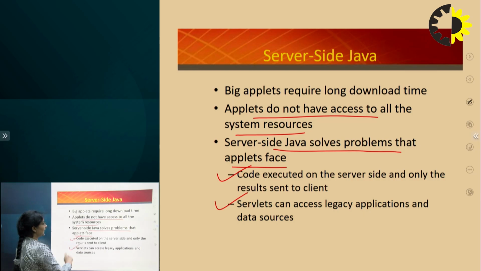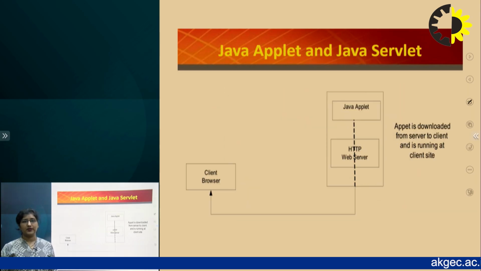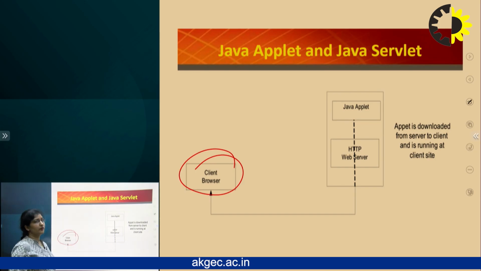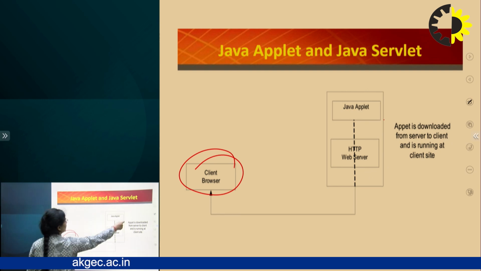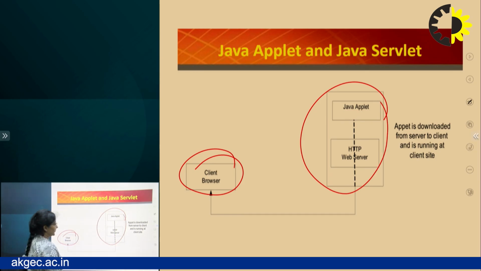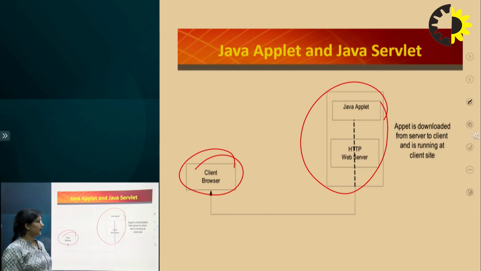Then servlets can access legacy applications and data sources. This is how a Java applet and a Java servlet work. We have a client browser requesting a web page, and we have a Java applet and an HTTP server. Whenever the browser requires any data, it goes to the HTTP web server.